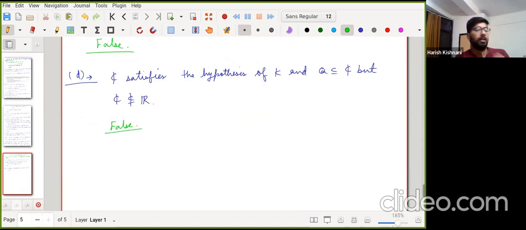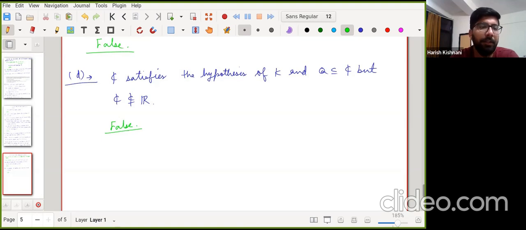Okay. And you can also see this in this way: x squared plus 1 is a polynomial in K[x], right? If K contains Q, then definitely you can consider this polynomial x squared plus 1 as a polynomial over Q[x].